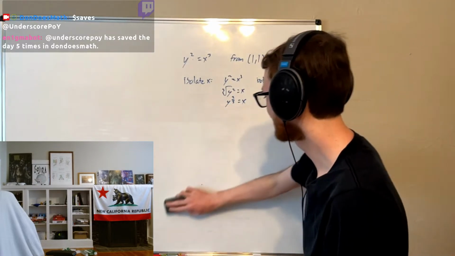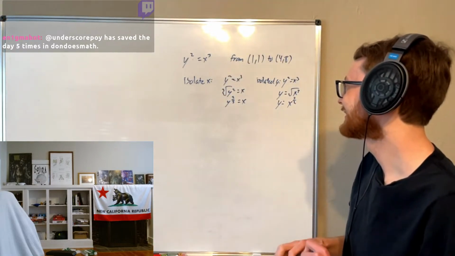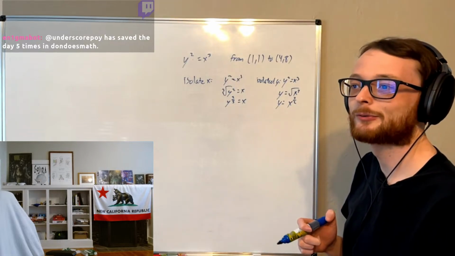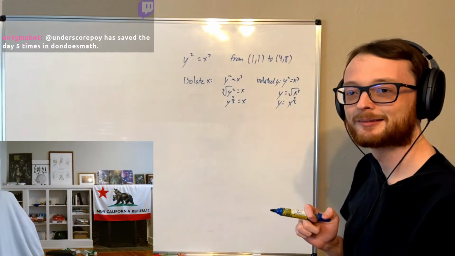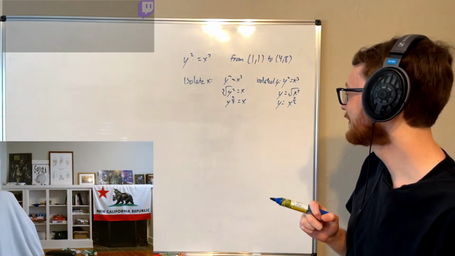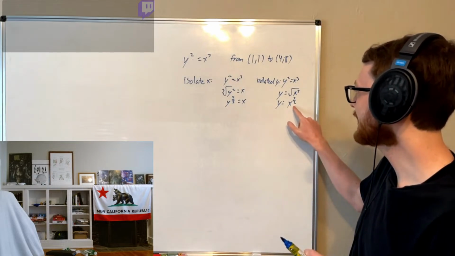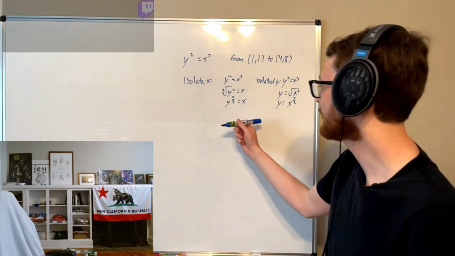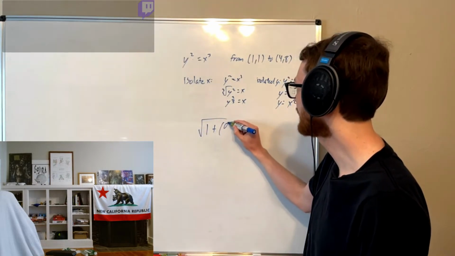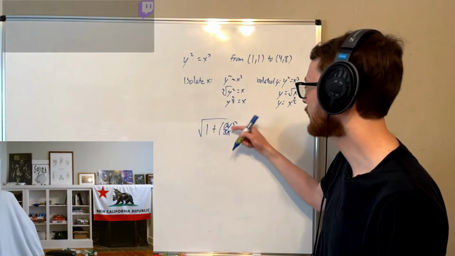Okay, so you're going to have to differentiate one of these and then integrate it back with a square root, which is a little bit harder to tell what's going to be easier or harder. Actually, no, I want to take this because the formula we're going to use is the square root of 1 plus dy/dx squared, or that flipped.